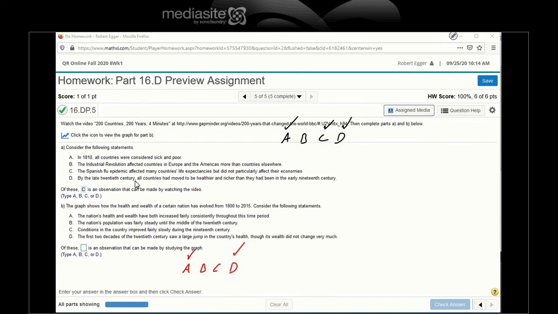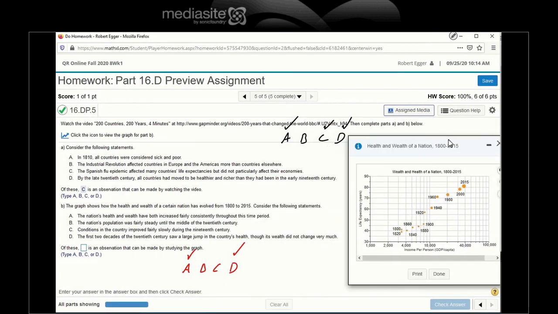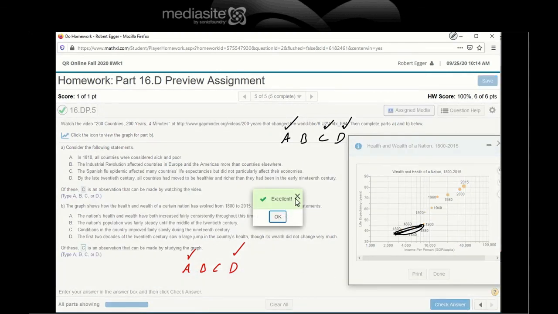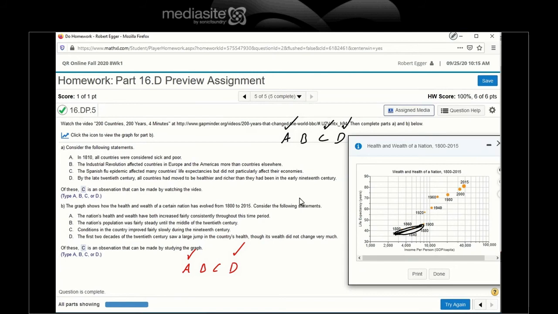So A was correct, C was correct, and D was correct. Conditions improved slowly during the 19th century. It did improve, but not by a whole lot in terms of health and stuff. So let's try C also. And that was correct.